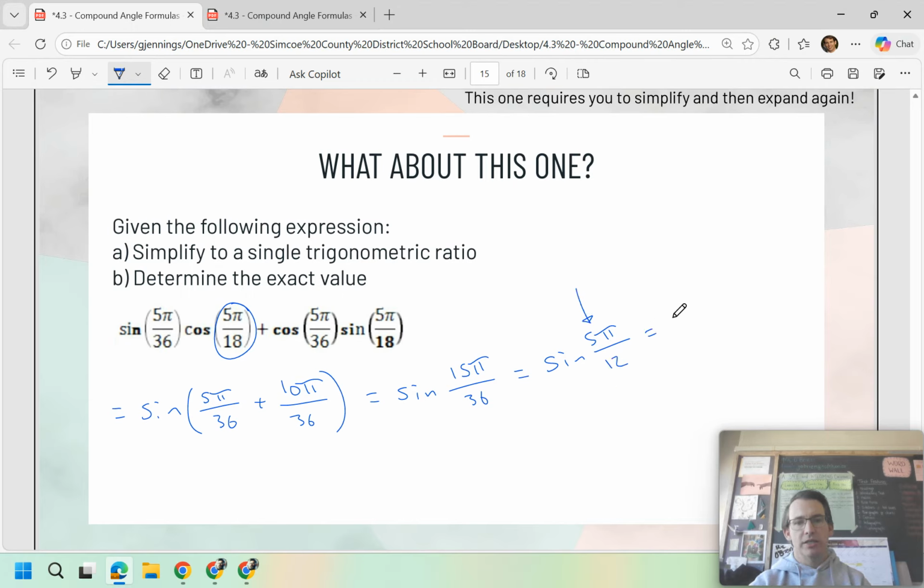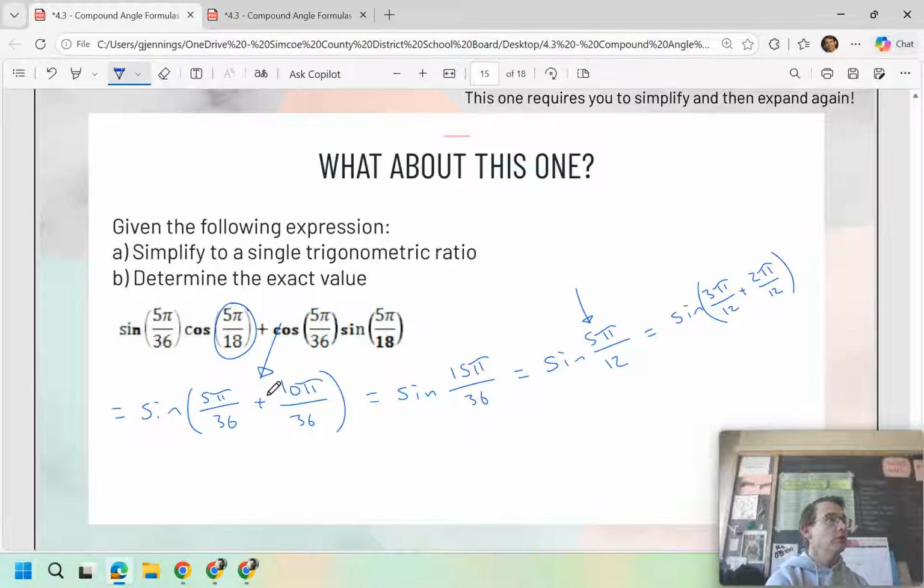Well, that would be the same as sine 3 pi on 12 plus 2 pi on 12. And then we'd be back to using the sum of sines compound angle formula. It would be very much like the problems we had above, just multi-step.